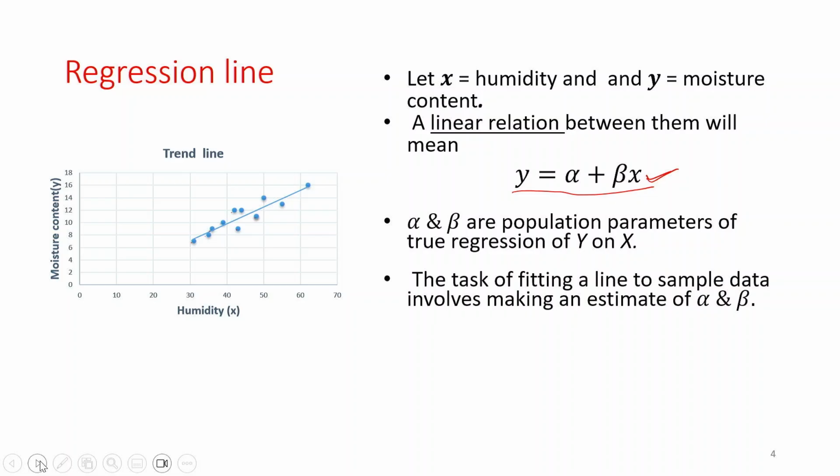So whenever we work on sample data, whatever we are trying to find out from sample data are basically estimates.